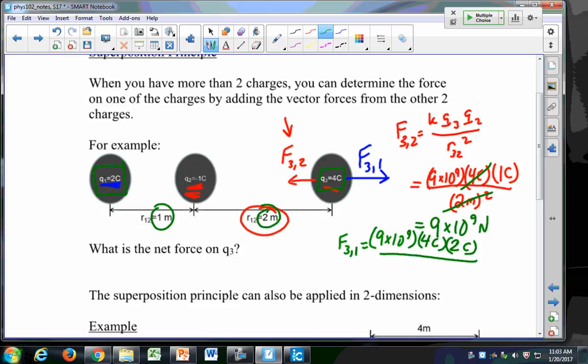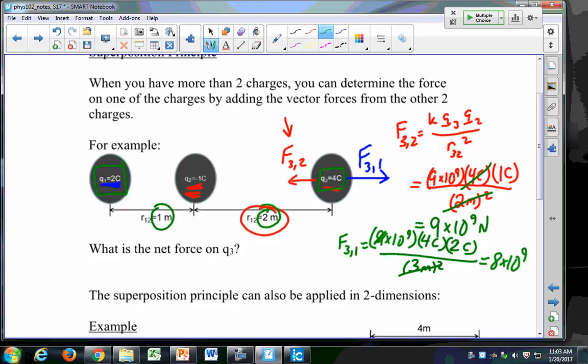I have 2 meters. So 1 plus 2 is 3 meters. Want to square it. Be careful. We're going to have some equations that all look a little bit similar, okay? Like we're going to have another equation coming up where I have this exact same thing except I have r in the denominator. Just try to keep them all straight in your head. You're going to have them written down in front of you, but keep them straight in your head. Here the 3 squared cancels with that 9, and I'm left with 8 times 10 to the 9th.